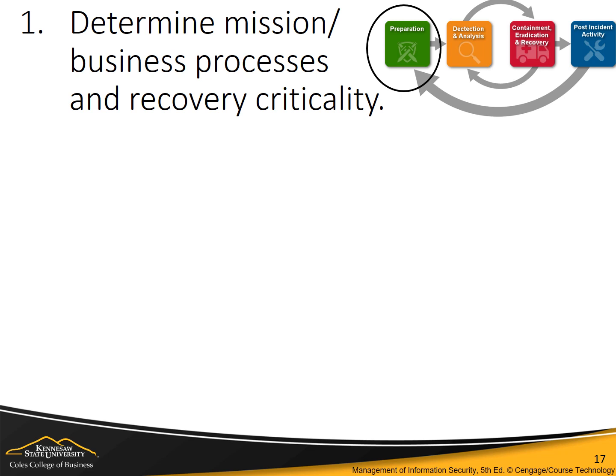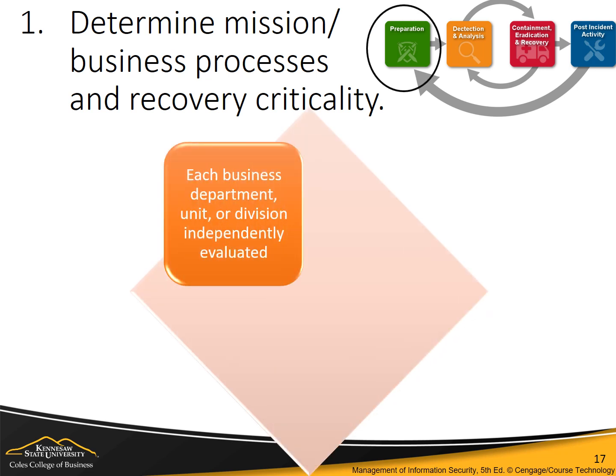The first major BIA task is the analysis and prioritization of business processes within the organization based on their relationship to the organization's mission. Each business department, unit, or division must be independently evaluated to determine how important its functions are to the organization as a whole.